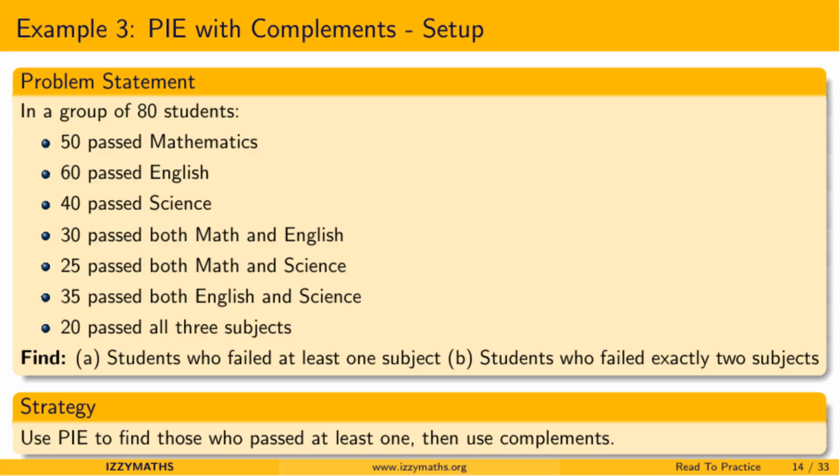We want to find students who failed at least one subject and students who failed exactly 2 subjects. Our strategy is to use PIE to find those who passed at least one subject, then use complements to answer the questions.